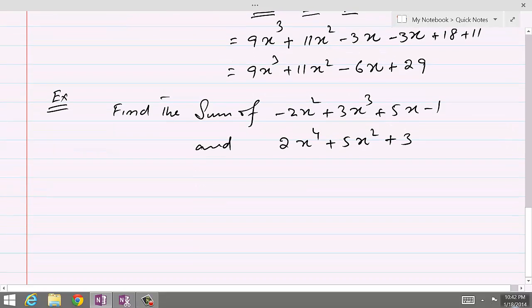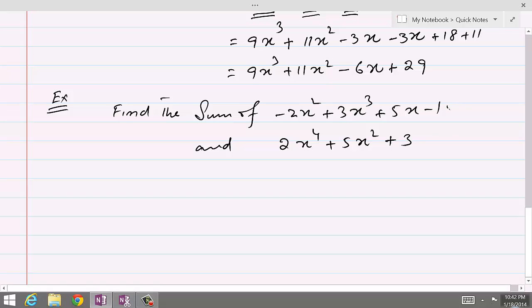So again, the first polynomial is a polynomial of degree 3 with 4 terms, and the second one is a polynomial of degree 4 with 3 terms. If we want to add them up, we can certainly add them. Solution here, and let's group them together starting with the highest degree.